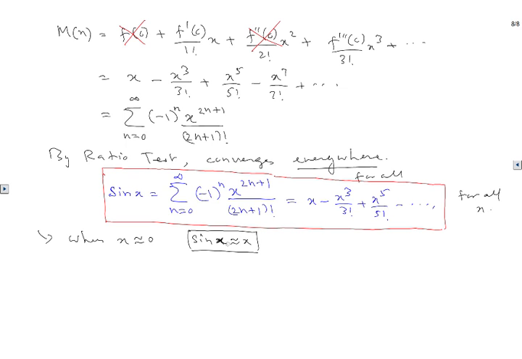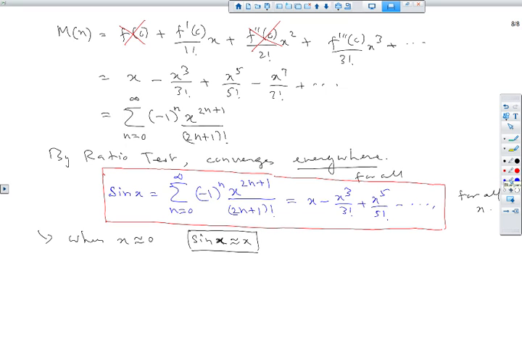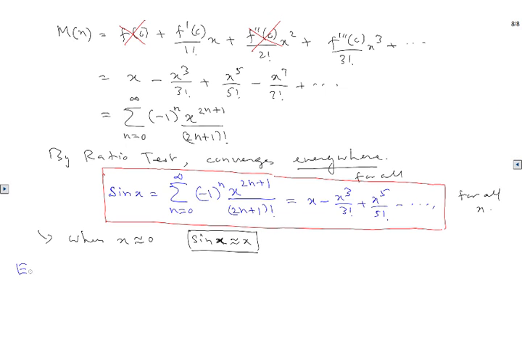And then let's do maybe one more. For example, find the Maclaurin series for cosine. How about a question like that? So the next one, find the Maclaurin series for cosine x.